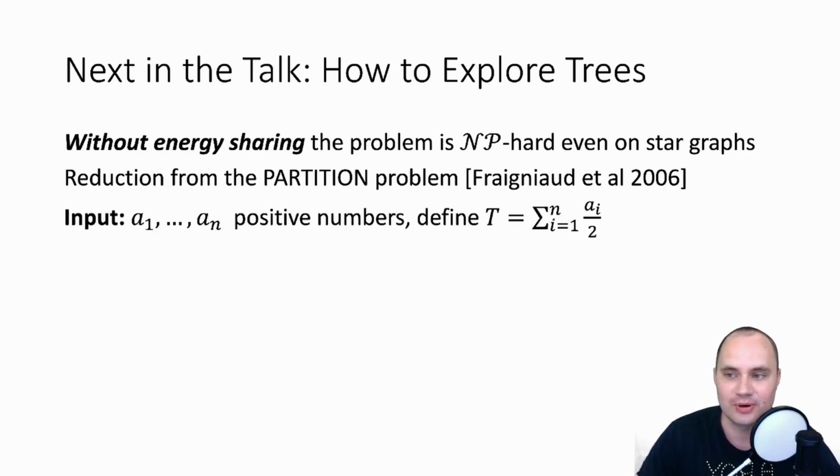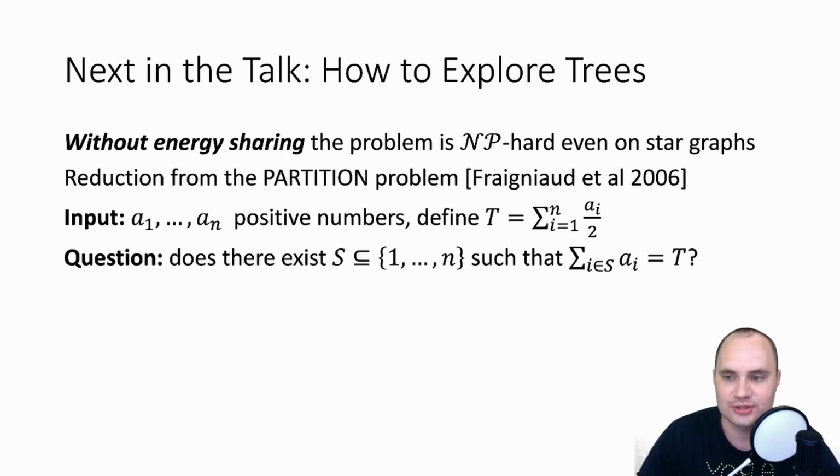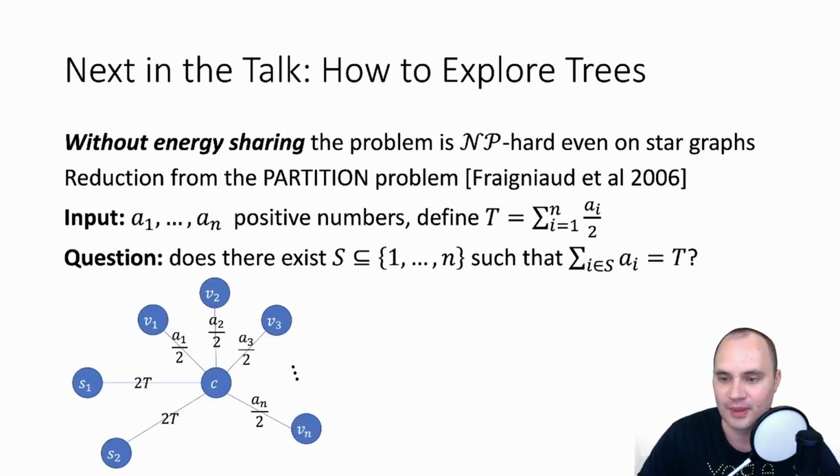So recall that in the partition problem, you're given positive numbers a1 to an, and let's define capital T to be half of the summation of these numbers. And the question is whether there exists a subset of these numbers that adds up to this T. So whether you can partition the numbers into two blocks of equal sum.